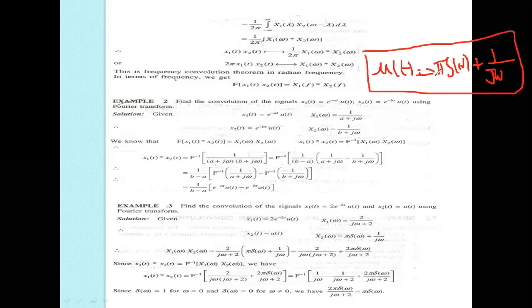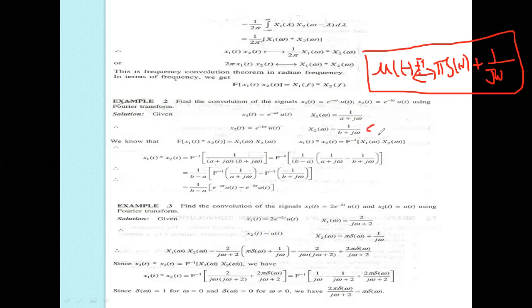Remember here, the Fourier transformation of mu of t is pi into delta omega plus 1 by j omega. So remember this one. How did we get this one?